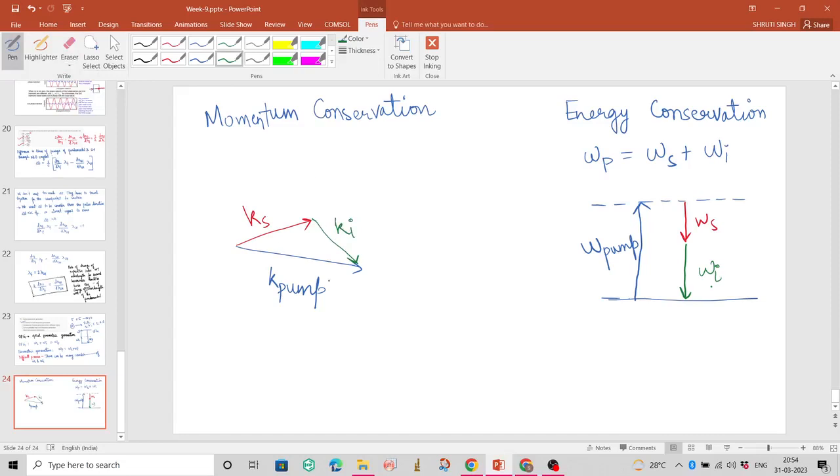It's a vector sum rule: the momentum of the pump should match the vector addition, using the triangle rule. Ks plus Ki should be equal to the pump momentum. Because of this momentum conservation, we will have a lesser number of combinations which are possible.